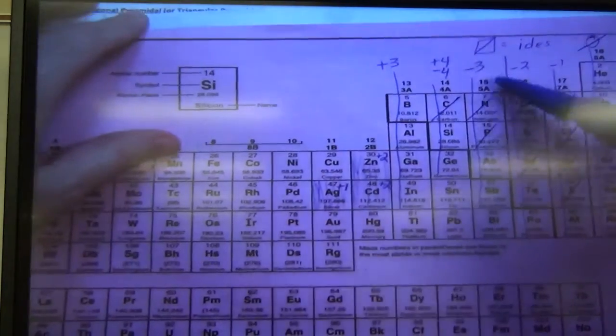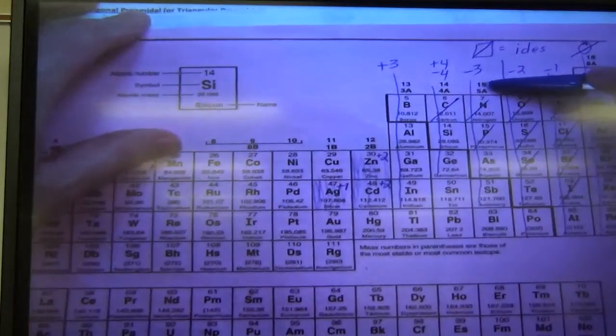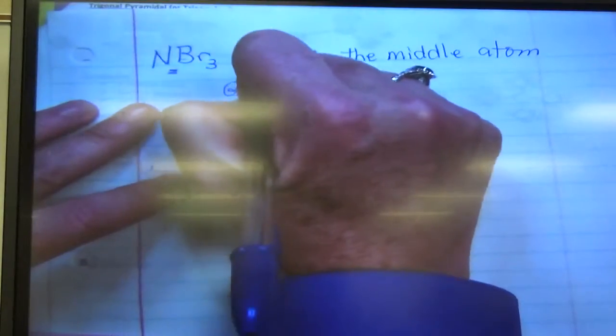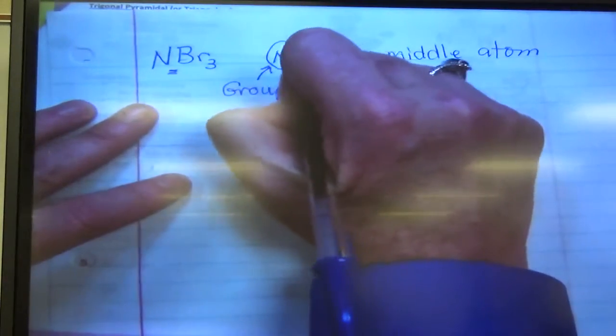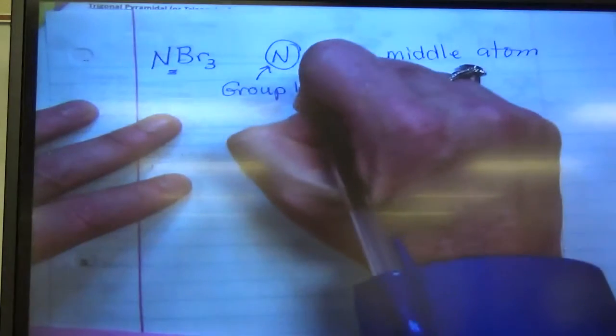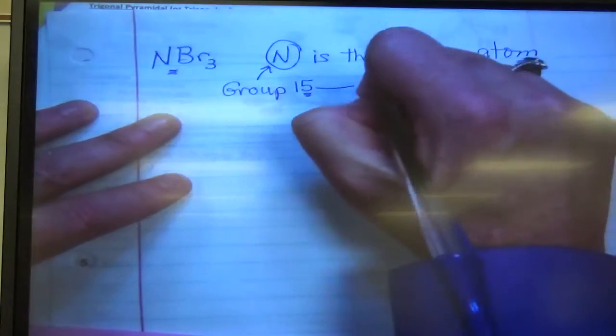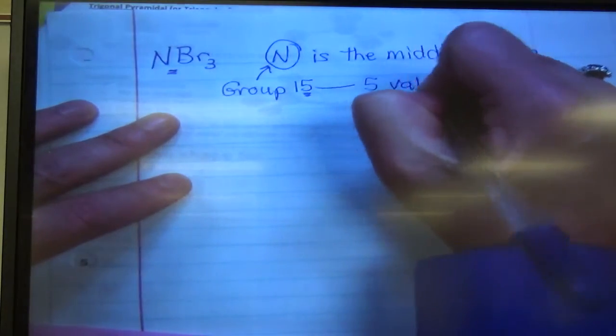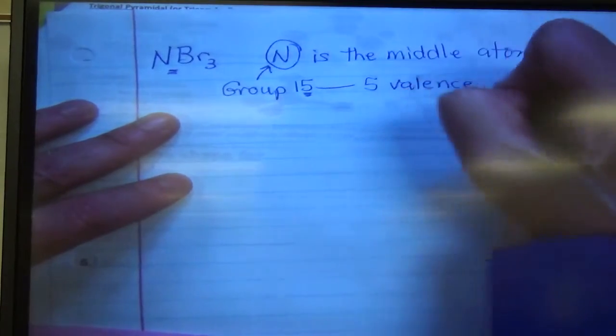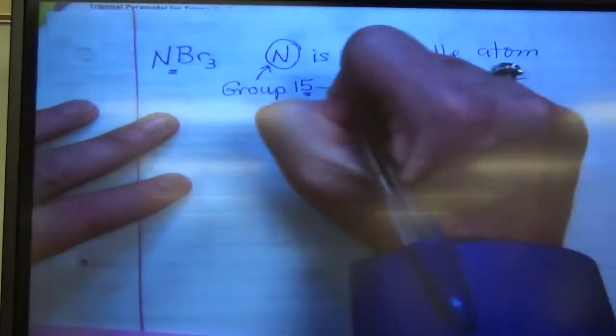Correct. Because nitrogen is in group 15, we know it has 5 valence electrons. I'm going to write it all down, but again, I'm going to go back to the paper later, and I'm not going to write quite as much. But now you're seeing group 15 is how we know it has 5 valence electrons.